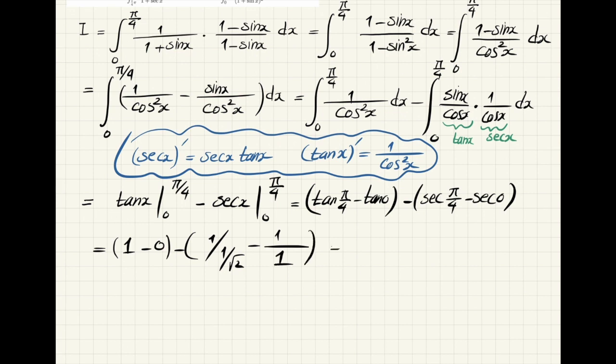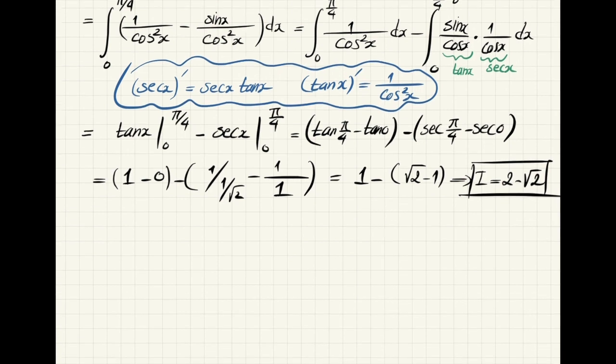What you get from the first pair of brackets is just 1, and the second one is square root of 2 minus 1. If you open the brackets, the answer becomes 2 minus square root of 2.